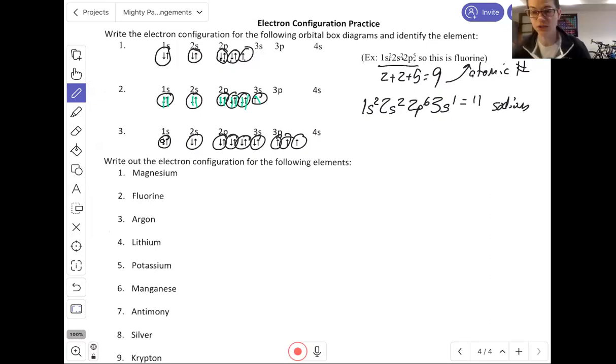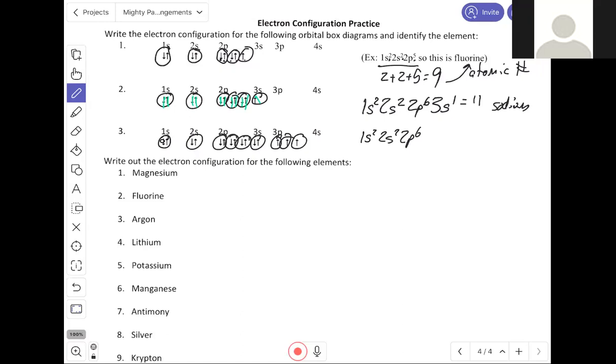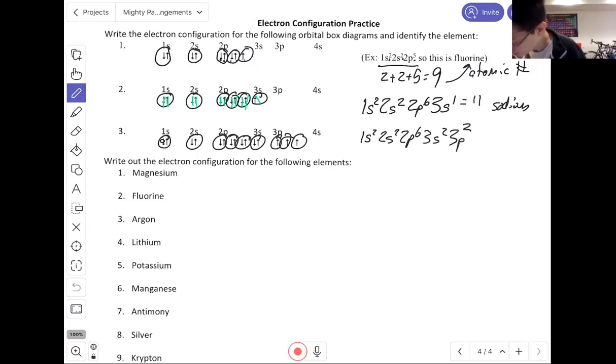All right, so the last one extends a little bit beyond that. It starts in the same place because they all start in the same place. So rattle off, what is this third one going to be? 1s2, 2s2, 2p6, 3s2, 3p3. 3s2 and 3p3.